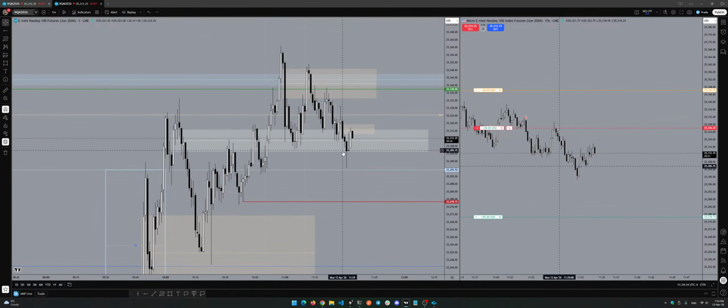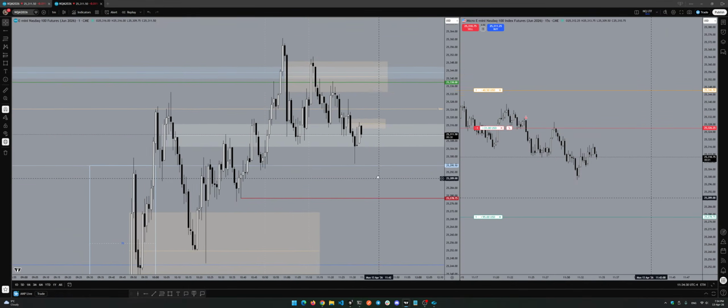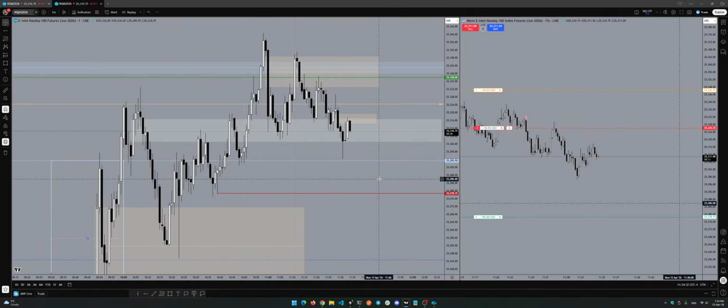But this looks like that silver bullet fair value gap is getting reclaimed because the closes are inside. I need a sharp move down to have some confidence that this move down will continue.